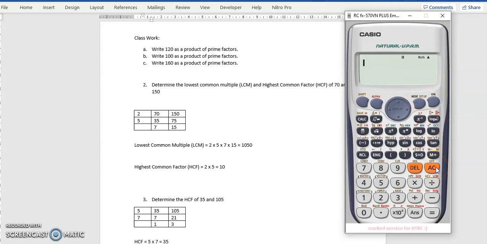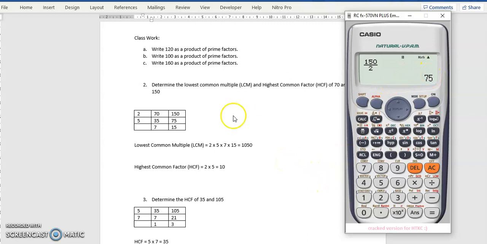Okay. Now let's start with 2. So 150, and I told you I like using this one. 150 divided by 2. 75. Oh, okay. Let me see whether the same 2 can divide 70 without a remainder.